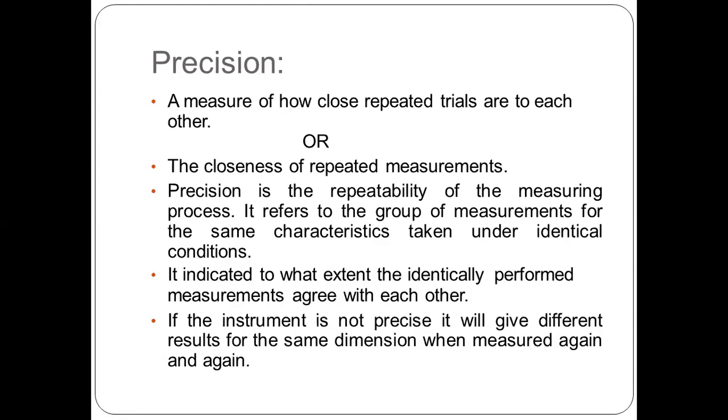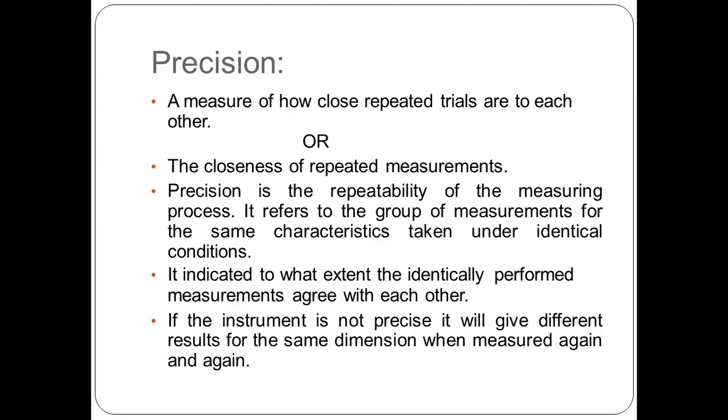But in case of precision, if we measure 100 pens and we get a repeated value, suppose 9.89 mm is repeated again and again, then that is the precise value for the particular pen.